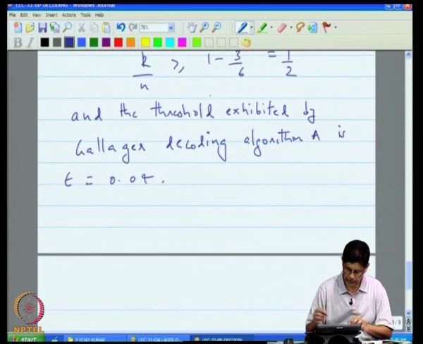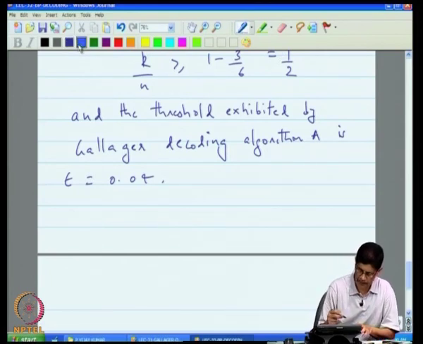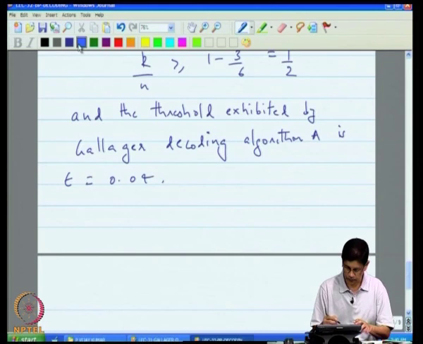However, this is a relatively simple decoding algorithm. So you shouldn't expect too much out of it.